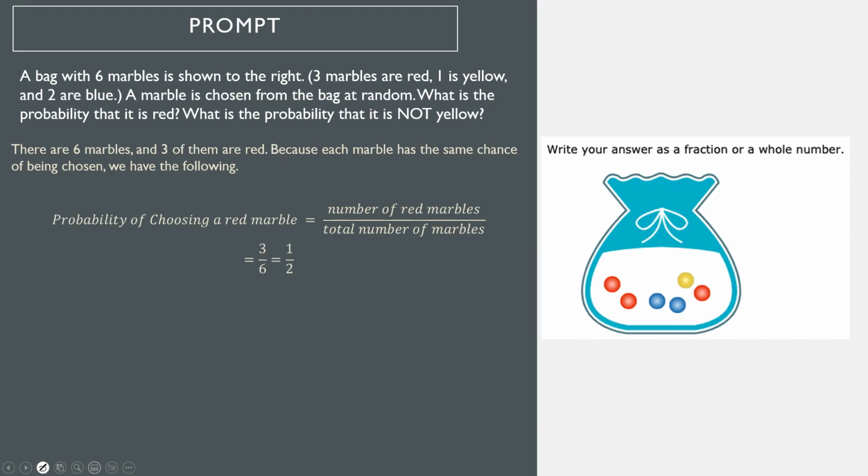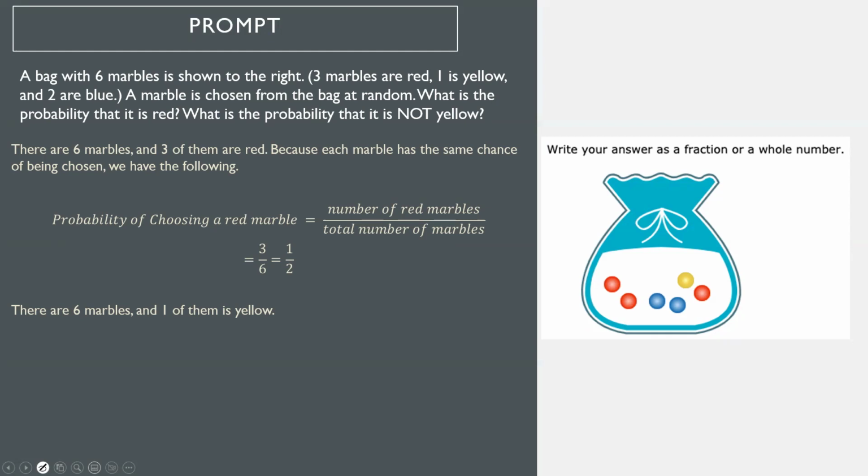Now, I want to know not yellow. So there are 6 marbles. 1 of them is yellow. Now, in this case, I could count the other ones, right? It doesn't feel crazy. But if there were thousands of these, I wouldn't want to count them. I'd want to have this technique in my toolbox to solve this. So that's kind of what we're doing.